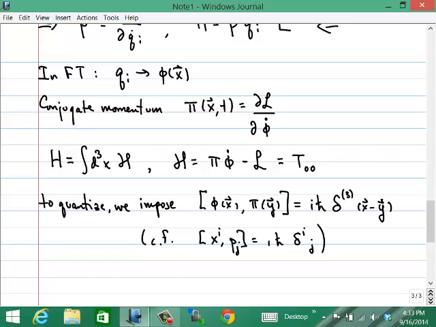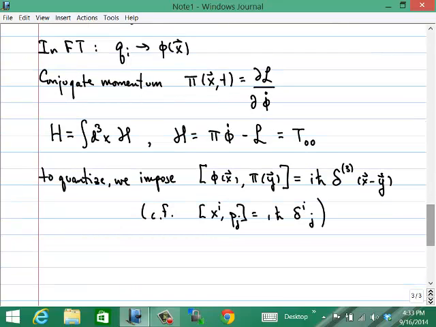Yes, question. Why do we want the π to be at the same time? Ah, good. Yes. So that's the next point that I was going to note. Okay. So this is an equal time commutator. We could, of course, compute the commutator at other times, and indeed we will, either this class or next class.